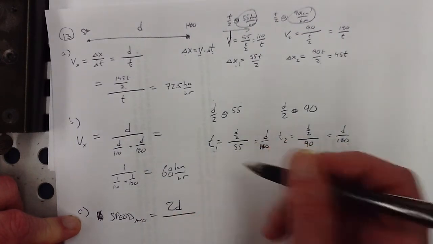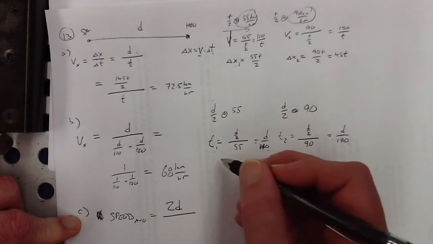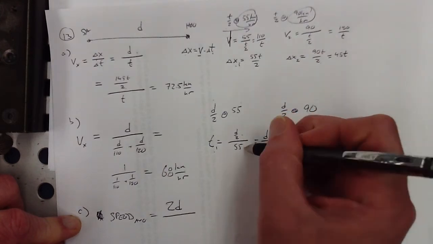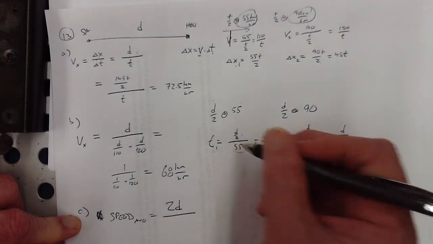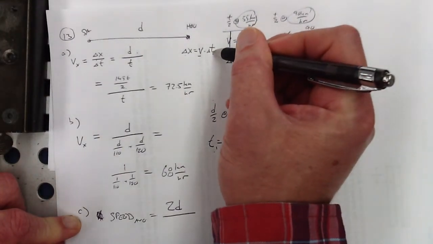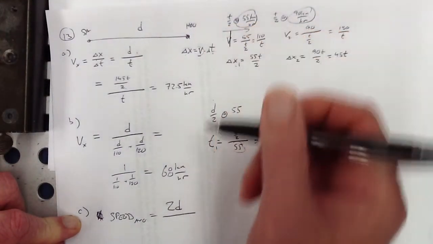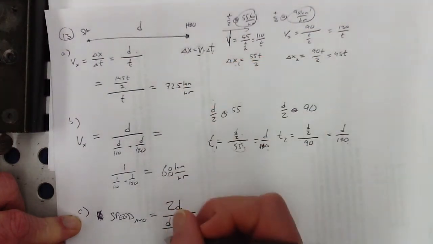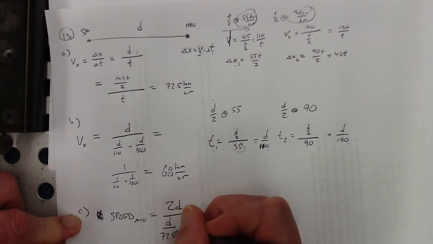And again, time is the distance divided by the velocity. So on the way there, the distance is d divided by 72.5.